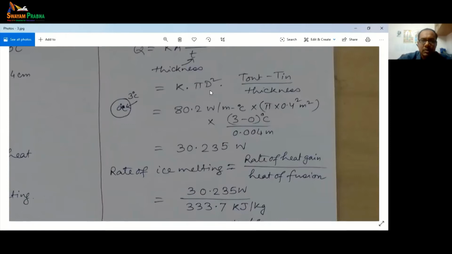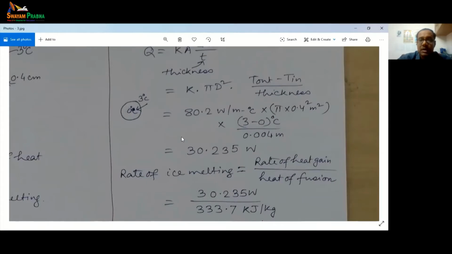Okay, so in the next step we are just inputting all the values. For this iron you have to look up the table for the conductivity of iron, and then pi d square is given. We have converted all the centimeters into meters because we have to be consistent with the SI system.